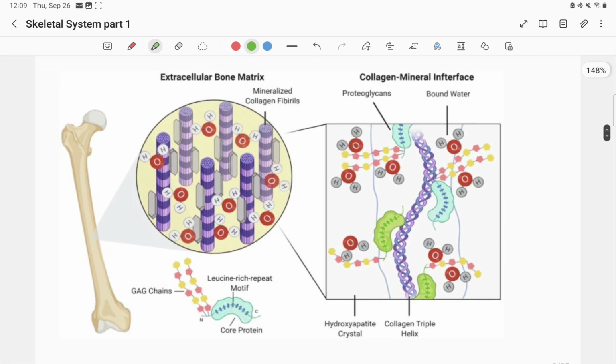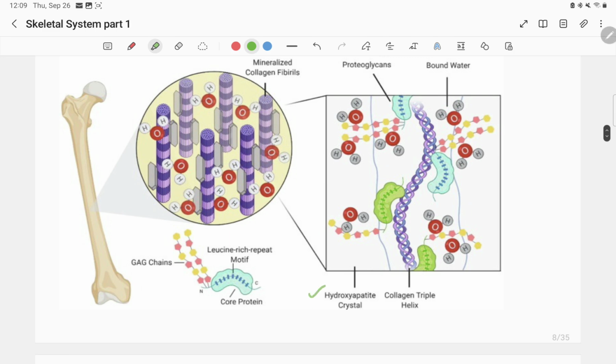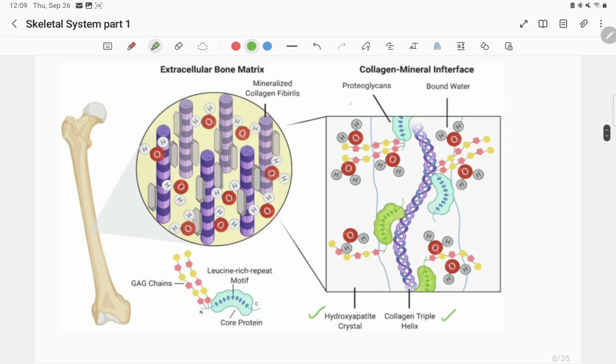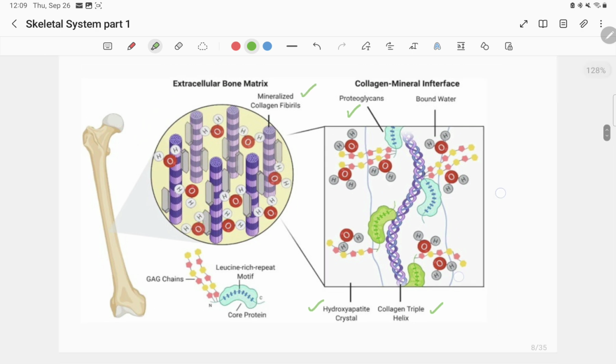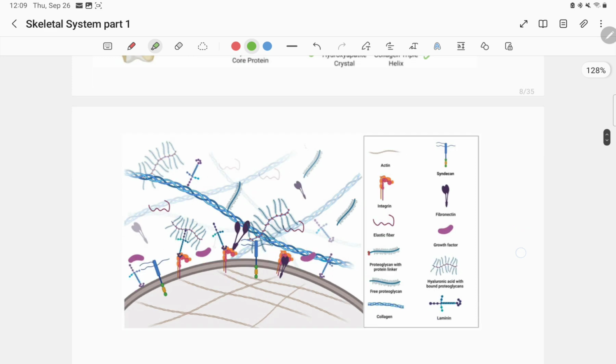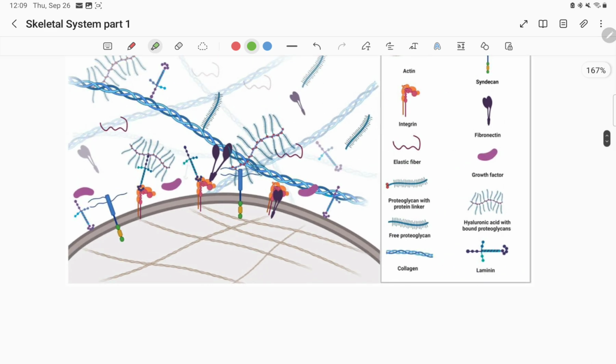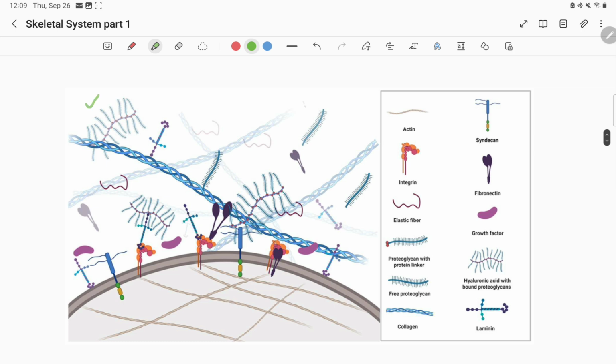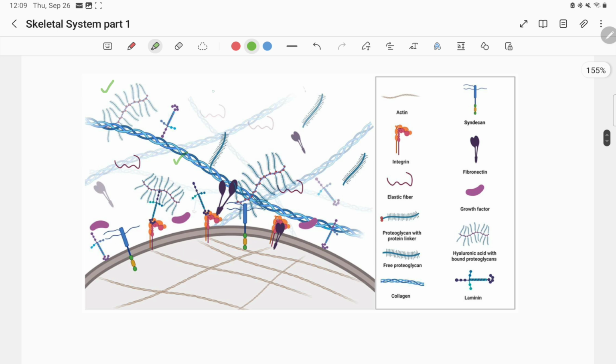So some more pictures of the hydroxyapatite, the collagen, the proteoglycans, and other minerals that are found in bone. Okay, and then again, more proteoglycans, and here's your collagen. This is actually your extracellular matrix.